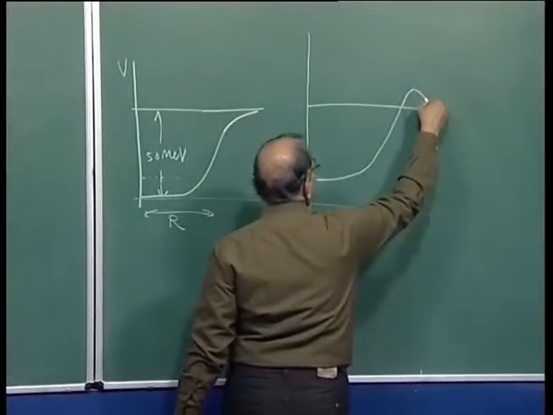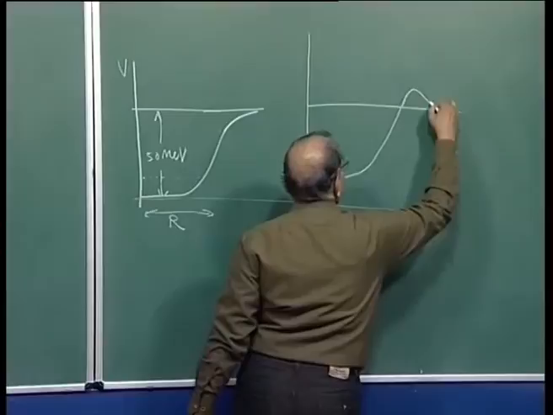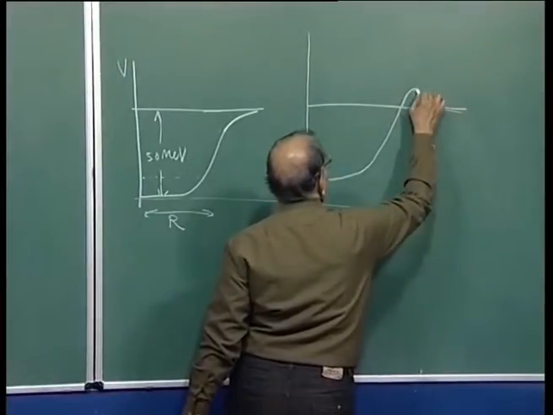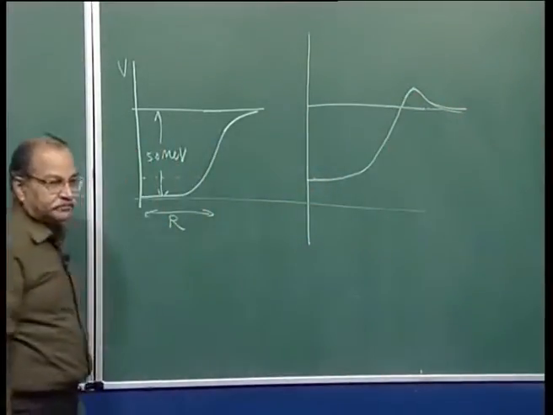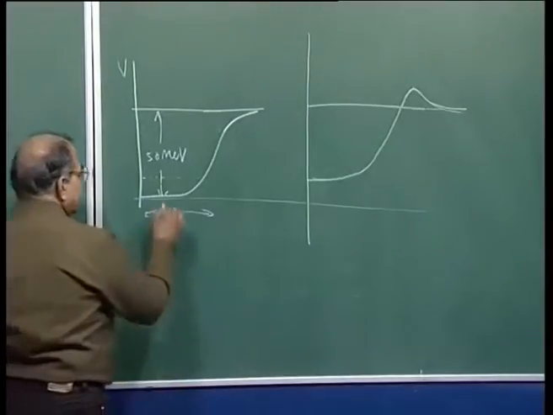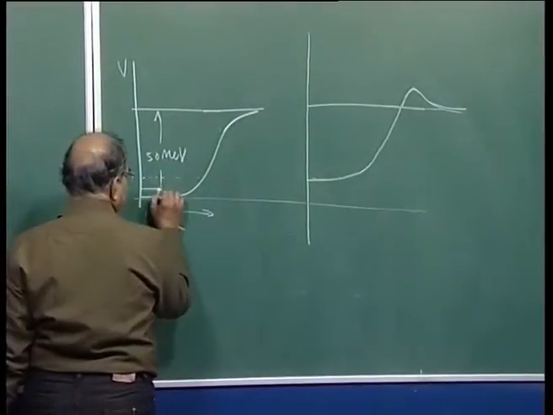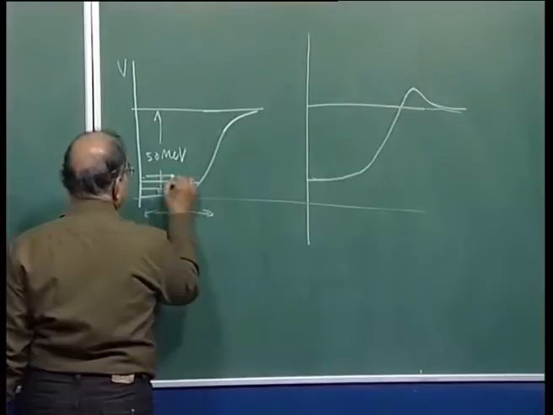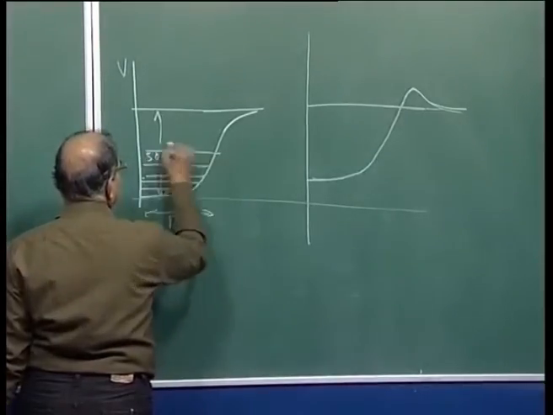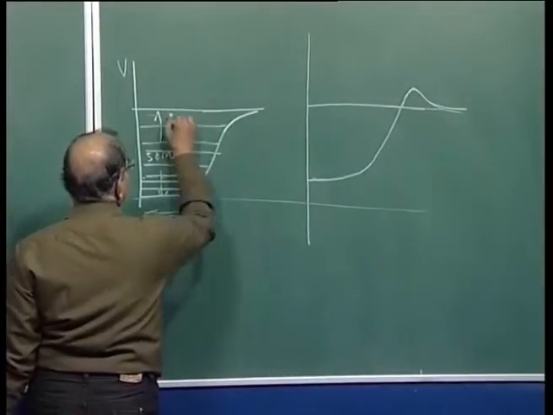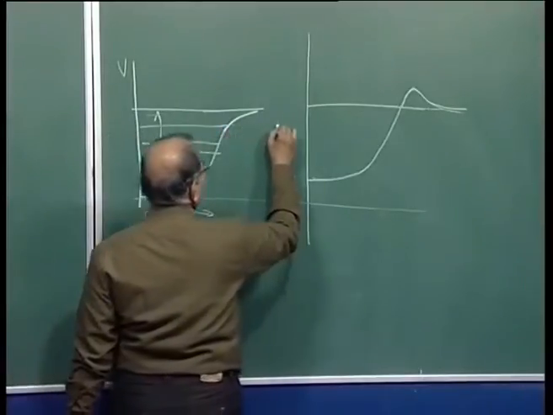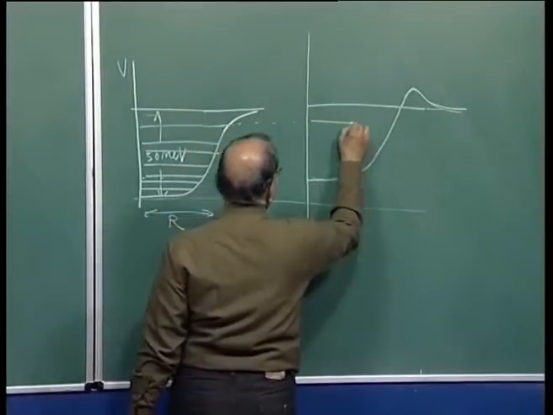It goes up and then it falls, 1 by r type. Now, the energy level, suppose it starts here. If these are the energy levels, correspondingly you will have energy levels here.